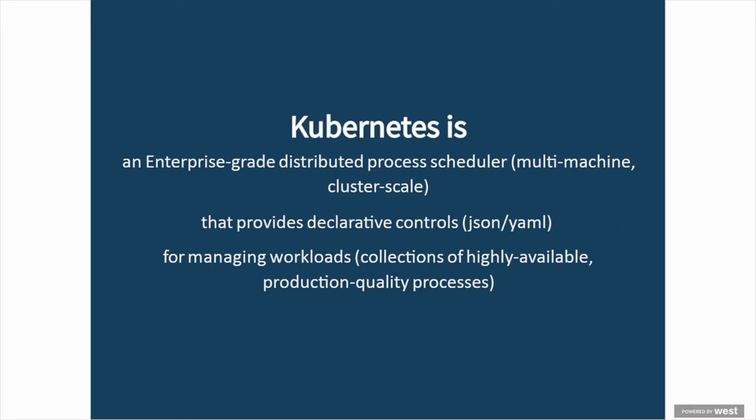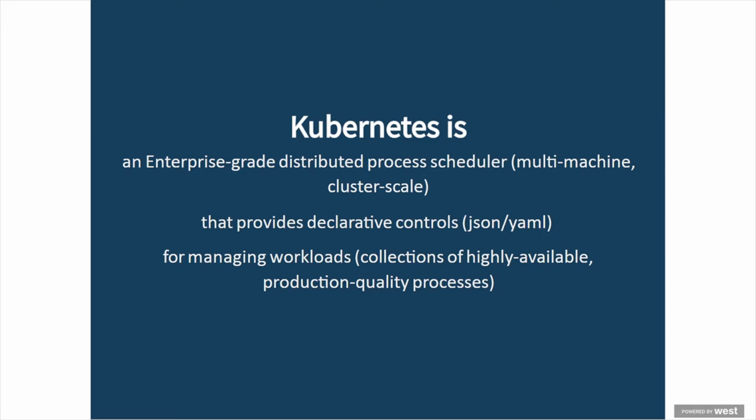So on a more technical level, Kubernetes is really meant to be an enterprise-grade distributed process scheduler, acting over multiple machines at a cluster-wide scale. This platform essentially provides declarative controls, basically spec files, which are written in your choice of JSON or YAML, which make it very easy to manage workloads in an aggregate form.